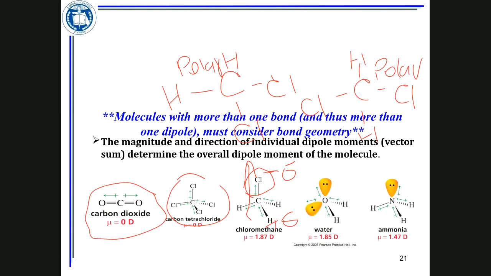Exactly. If the dipole cancels out, that's just the example of carbon dioxide. The dipole, or the difference in electronegativity between carbon and oxygen on the right side, is the same as the difference in electronegativity between carbon and oxygen on the left side. So basically, what is happening here is, like when I'm in the class, I say, okay, if I'm standing straight, I'm nonpolar. I'm stable.